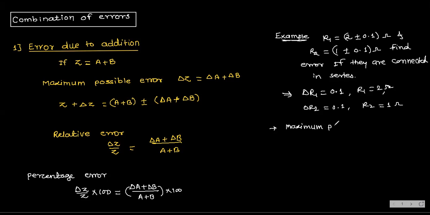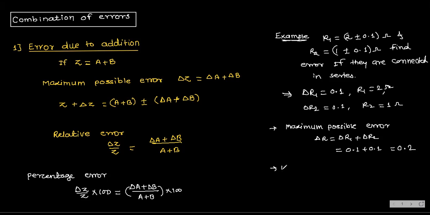So maximum possible error, delta R is equal to, what you will get here? Delta R1 plus delta R2. So what is that? 0.1 plus 0.1. How much that is? 0.2.